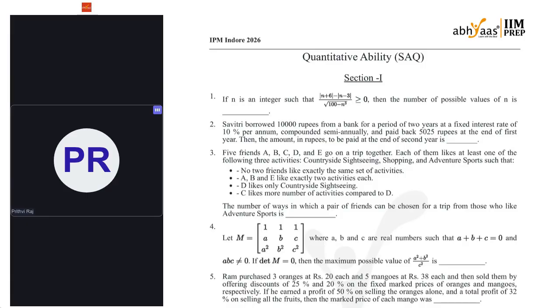If he earned a profit of 50% on selling oranges alone and a total profit of 32% on selling all the fruits, then the market price of each mango is? It's very easy. They have given the cost price of each item, the discount, and the overall profit on one item and on the combination of all. So I want only one thing. It's very simple.